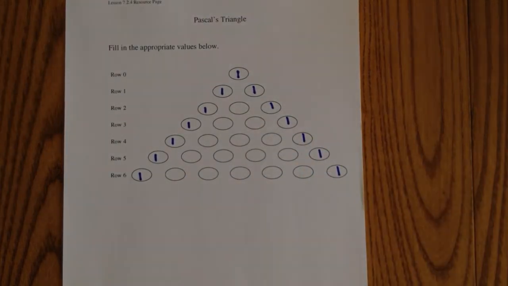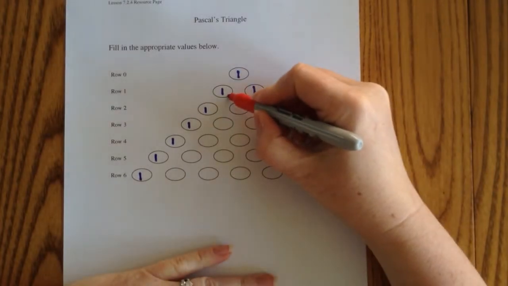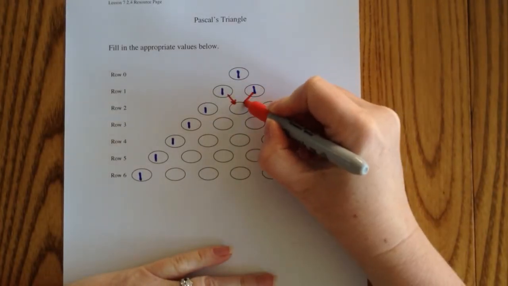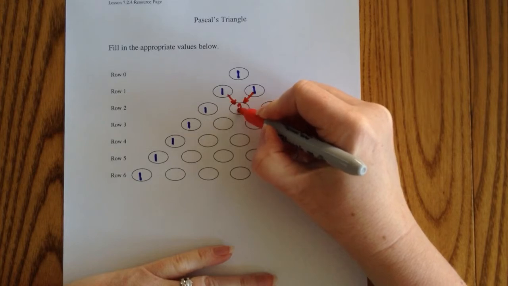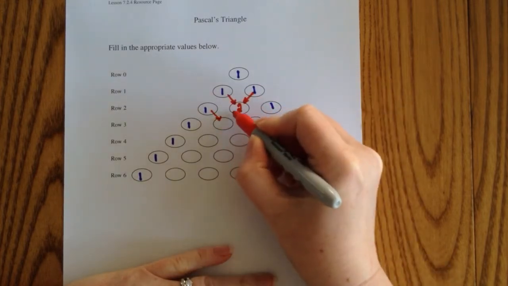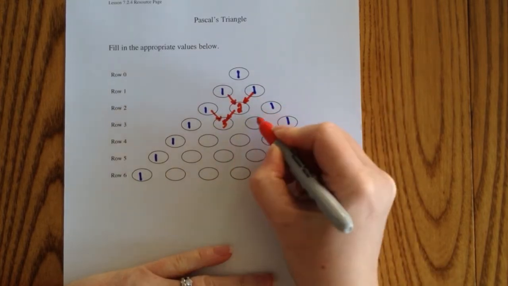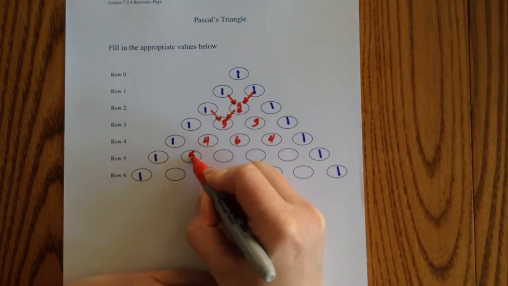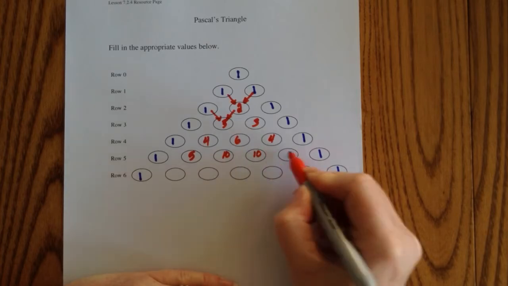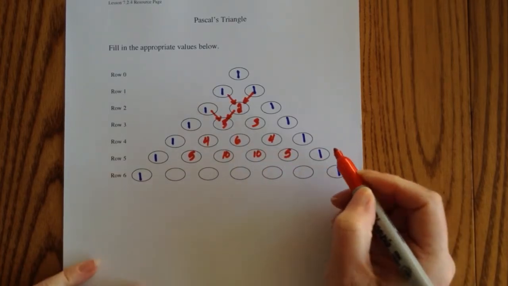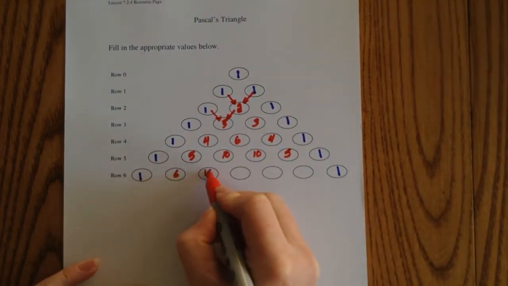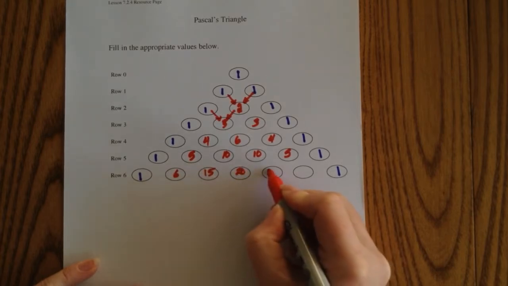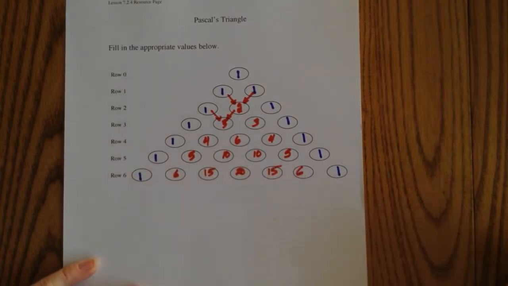But for the interior values, you would need to add together diagonally to get those values. So I'm going to do these real quickly. 1, 4, 6, 4, 1, then 1, 5, 10, 10, 5, 1. And then 1, 6, 15, 20, 15, 6, 1.